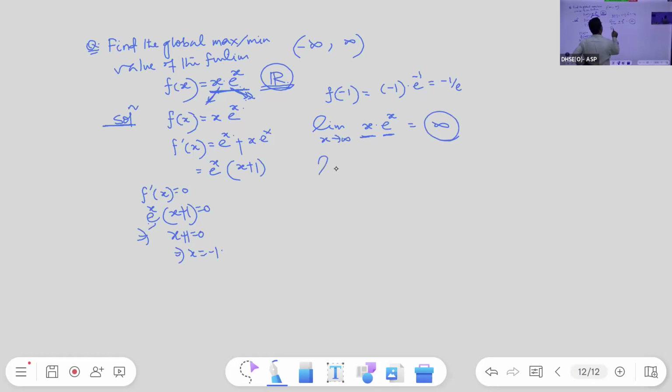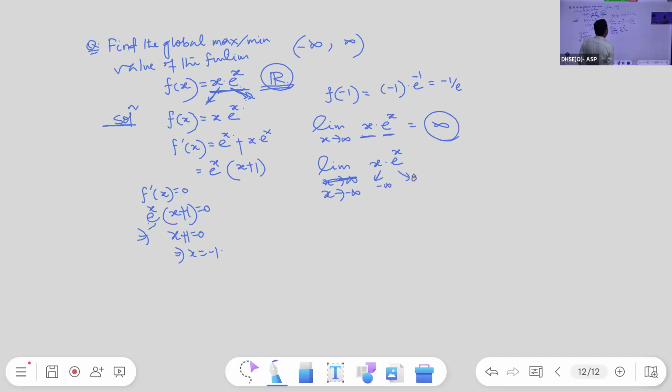So limit extending to -infinity, x into e power x. So x approaches to -infinity, e power -infinity approaches to 0.